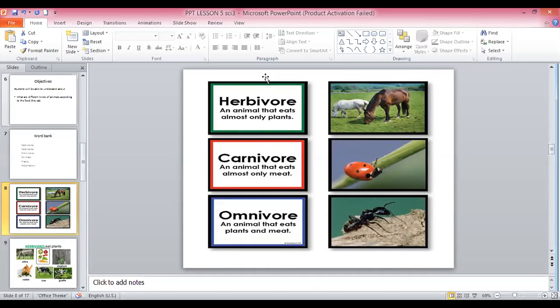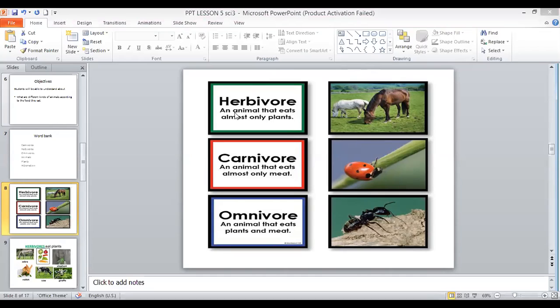Carnivore: the animal that only eats meat is known as a carnivore. And the one who eats both of them, that means the plants and the meat, what do we call them? We call them omnivores. So let's quickly recall it.